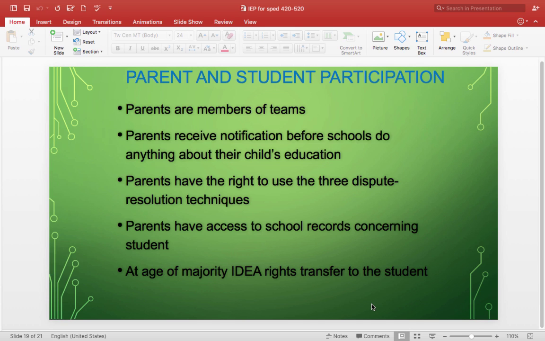Back in the 70s, parents didn't all the time have access. School districts did not have to give parents any access to school records, and so there were a lot of incorrect things put into school records. We have to be very careful of those things. And again, those IDEA rights transfer at the age of majority.